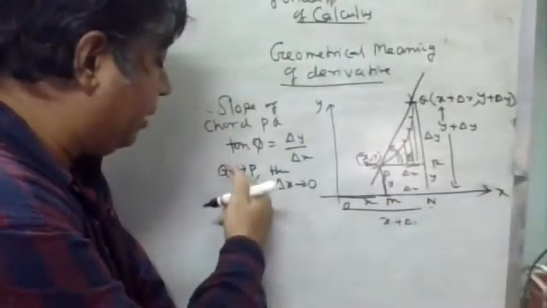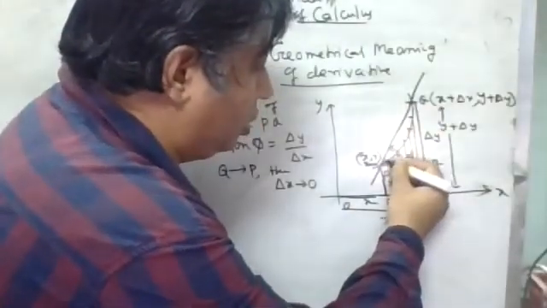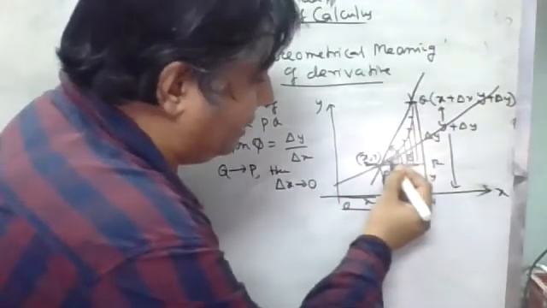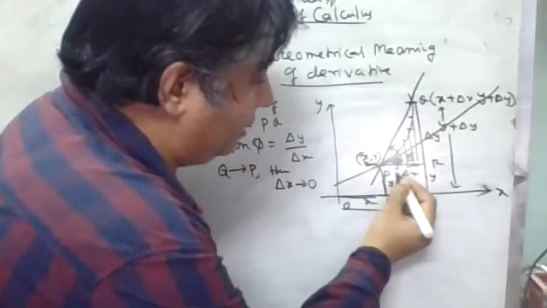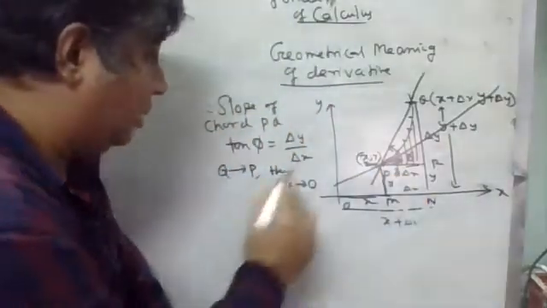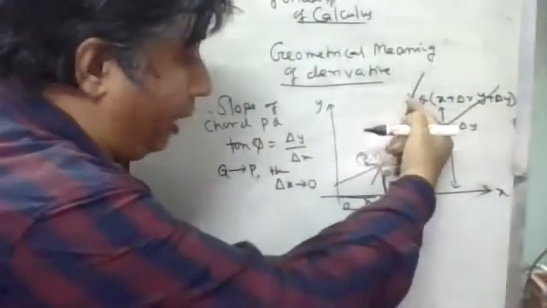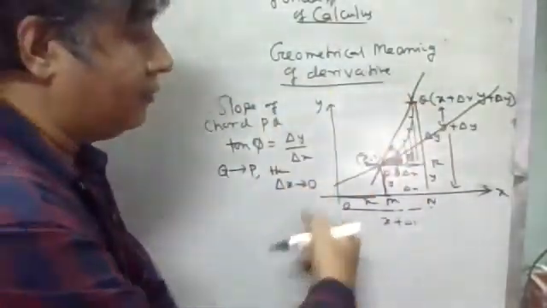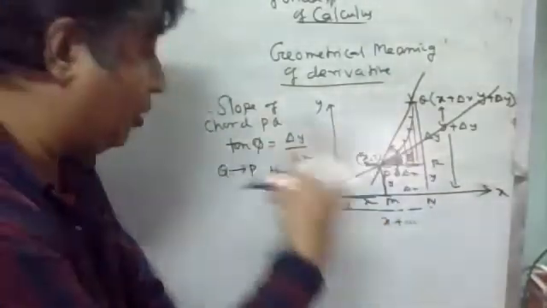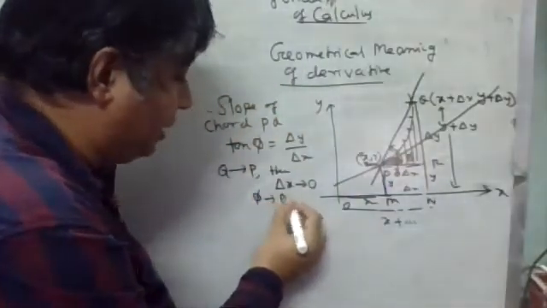When Q tends to P and delta x tends to 0, the chord will become a tangent and subtends angle theta. So when delta x tends to 0, point Q is about to fall on P, and the angle phi tends to theta.